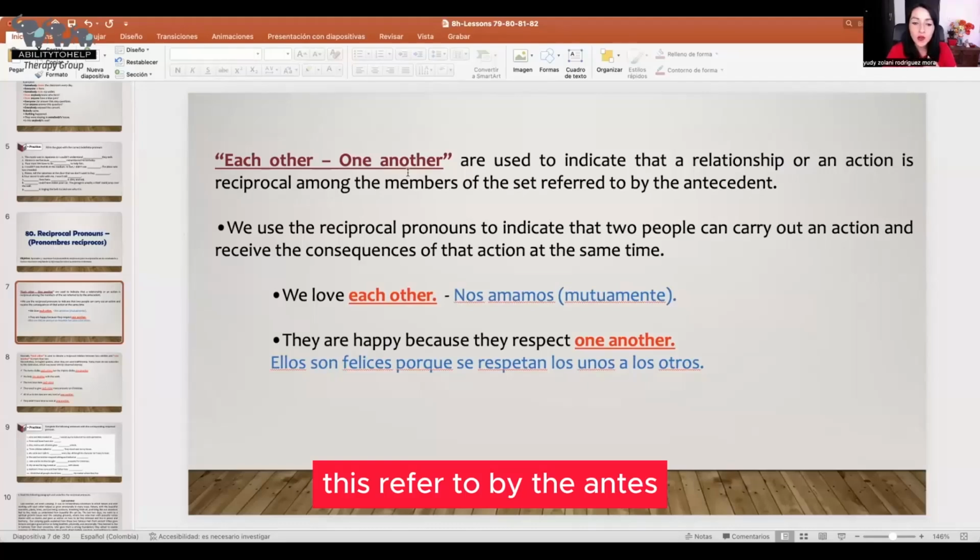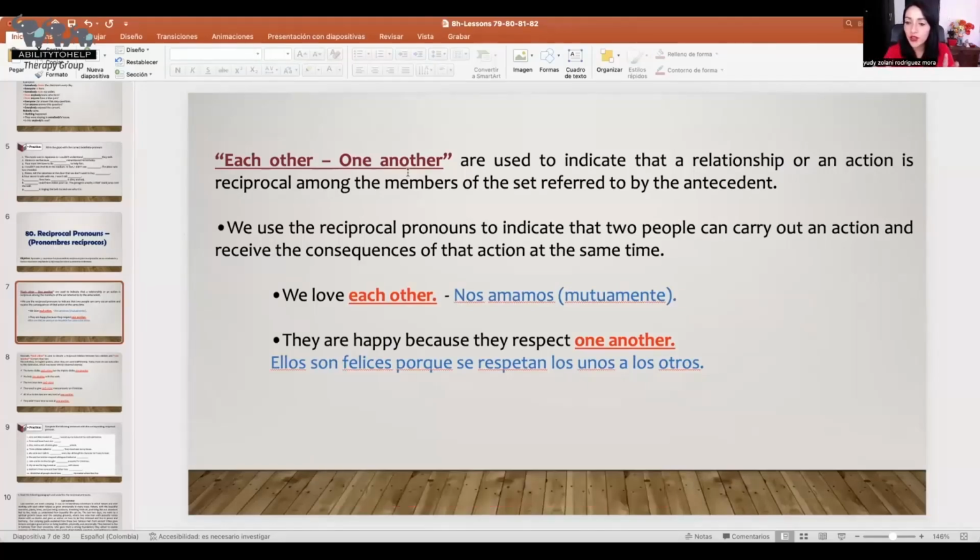So we use the reciprocal pronouns to indicate that two persons can carry out an action and receive the consequence of that action at the same time.